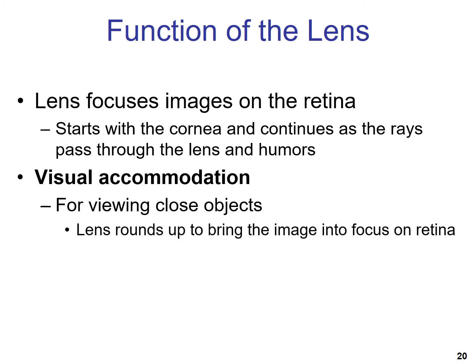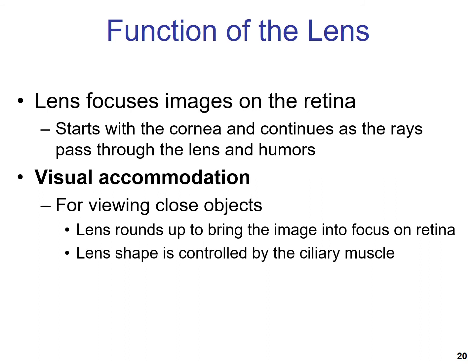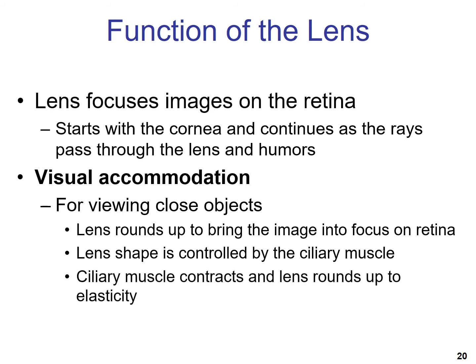What will happen is the lens will actually round up in order to bring a closer object into focus on the retina. This shape of the lens is controlled by the ciliary muscle. Now we're going to see a picture of the eyeball in just a minute, and I think that'll make more sense. So when the ciliary muscle contracts, the lens will round up, and how far it can round up depends on the elasticity of the lens itself.